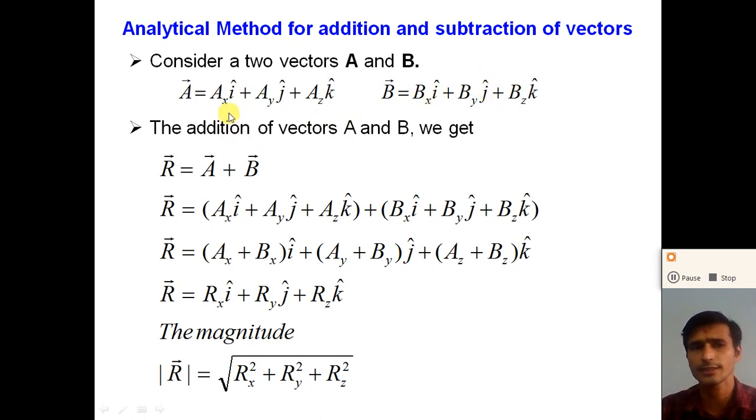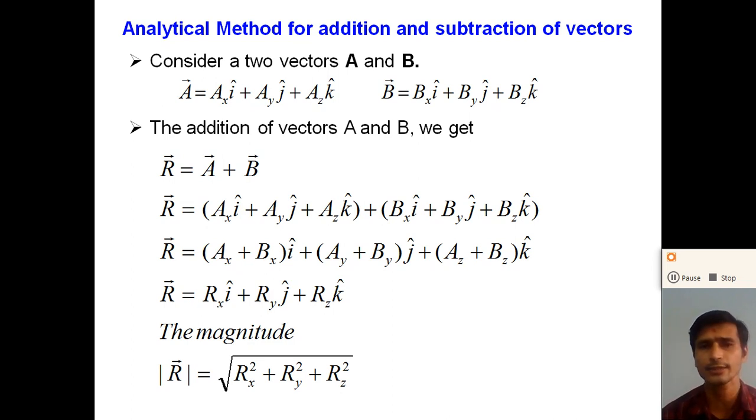So we consider the 3 dimensional vector A is equal to axi plus ayj plus azk, and vector B is given as B is equal to bxi plus byj plus bzk. So dear student, if the component form is not given to you, if the vector A is given in the form of the magnitude and the angle, we need to convert this vector into the component form, right?